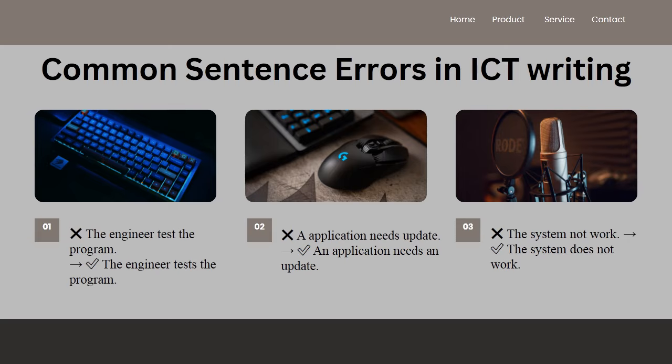Okay? Use the correct article. An application needs an update. And don't forget auxiliaries in negative forms. The system does not work. Correcting these small errors makes your writing accurate and professional.